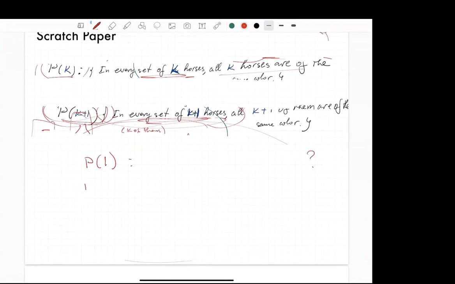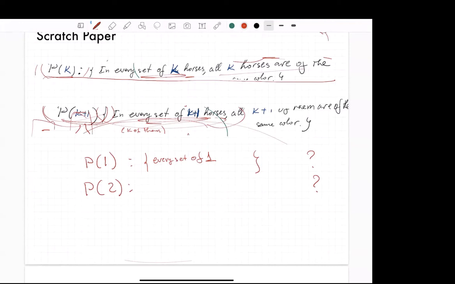So help me out. Let's answer your question. What is P1? P1 is the initial red horse. Right. No, there's no initial. Every set of one. So notice what the statement is. Let's think of it as an English sentence.